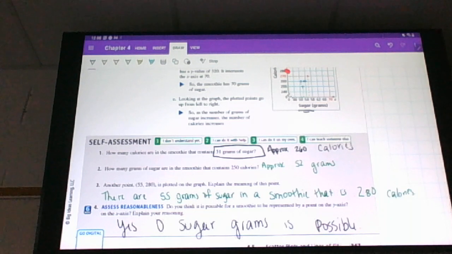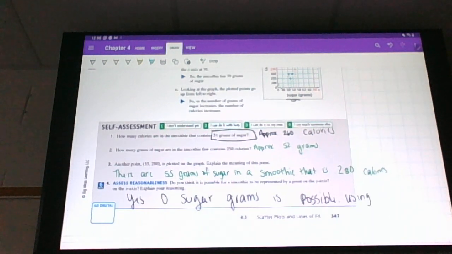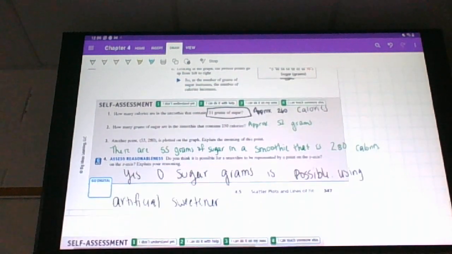Normally, anybody advertising a 0 sugar smoothie has a fake sugar in it, using an artificial sweetener like aspartame. 0 sugar grams is possible using artificial sweetener. And that's just a diet soda or whatever.